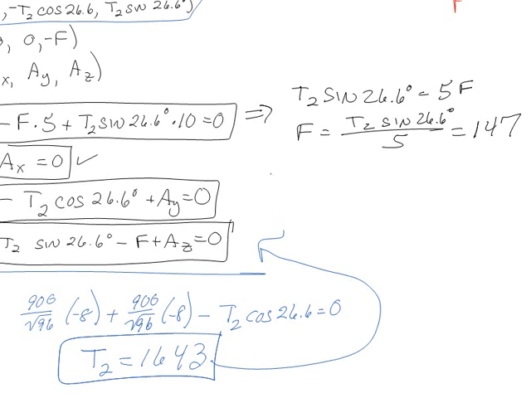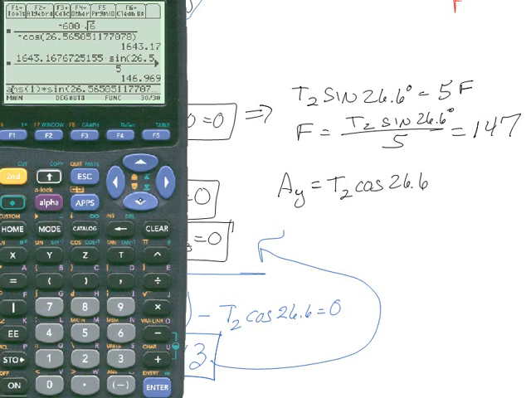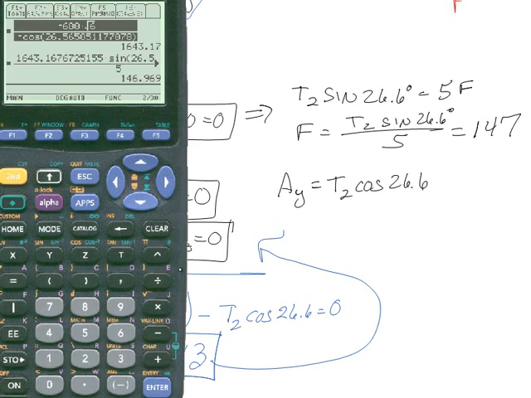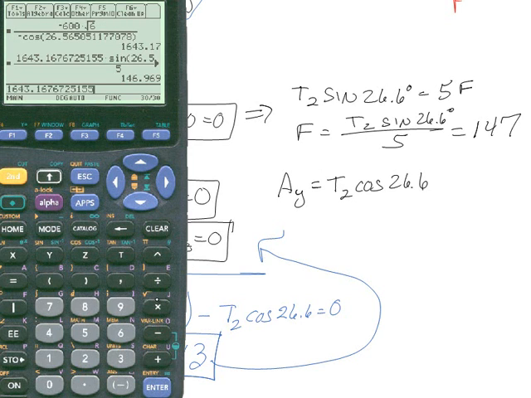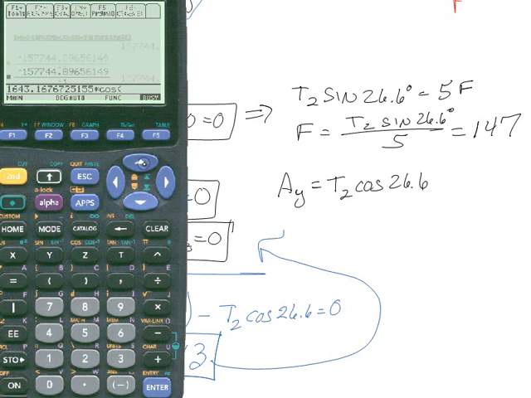And then the AY I can also get by plugging that in there. So AY is equal to T2 cosine 26.6. So cosine of basically that times the cosine of 26.6.